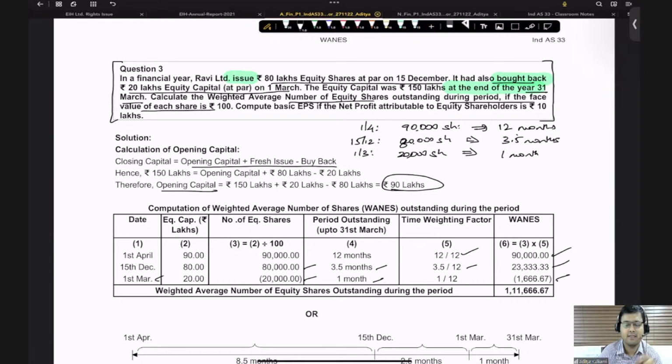They were not in existence for the month of March. So we have taken it as a negative sign for a period of 1 month. So 1667, that should be giving you your answer of 1,11,667. Have you understood now? Yes.